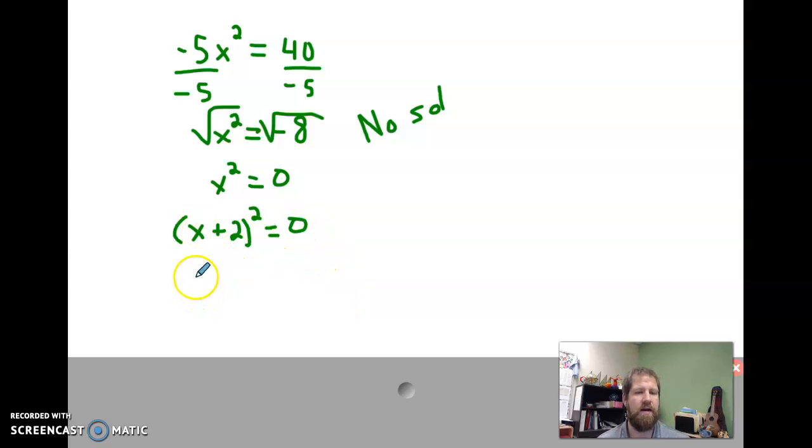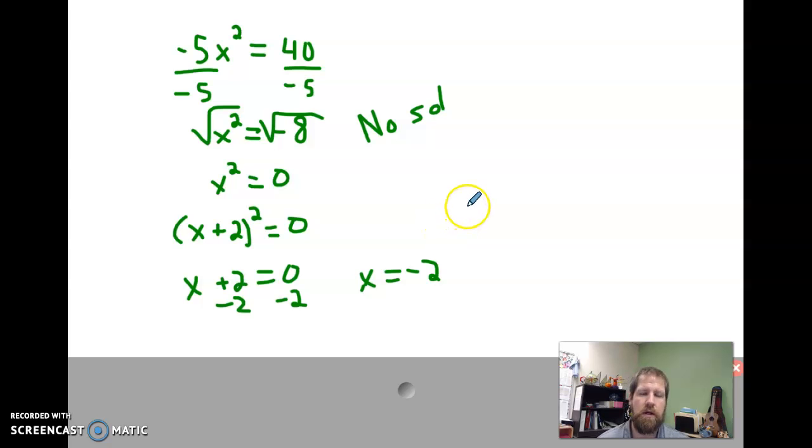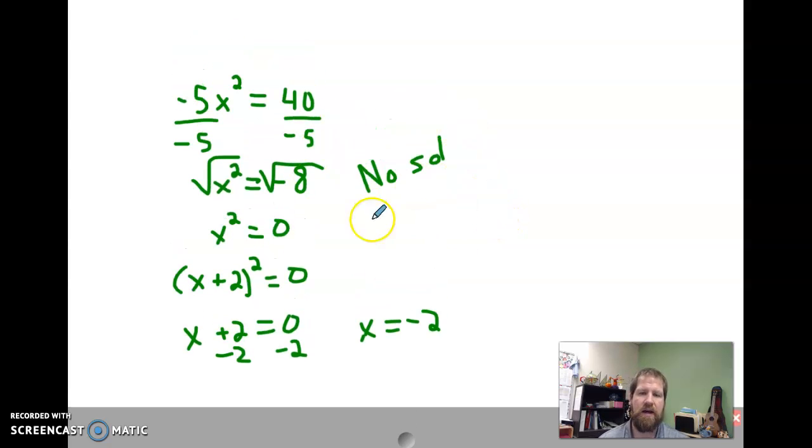Then taking the square root of both sides, x plus 2 is equal to 0, subtract 2 from both sides. My one solution is x equals negative 2. So just a reminder, going back to the graphs, we can have no solutions or one solution as possible solutions.